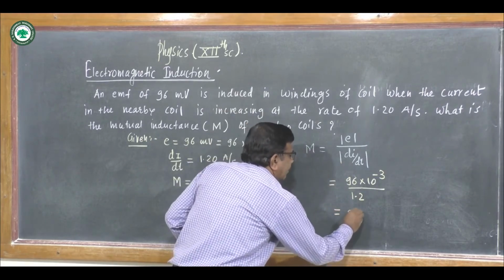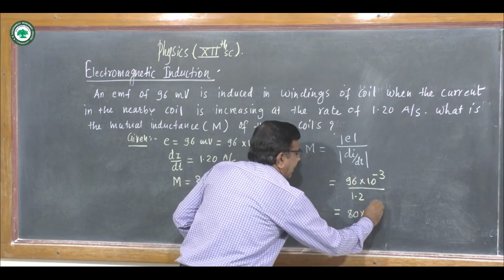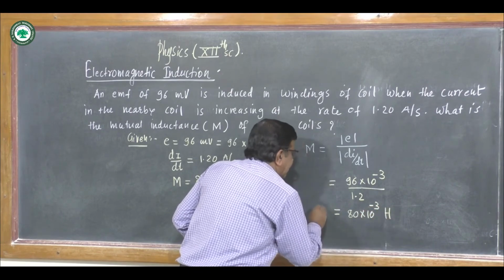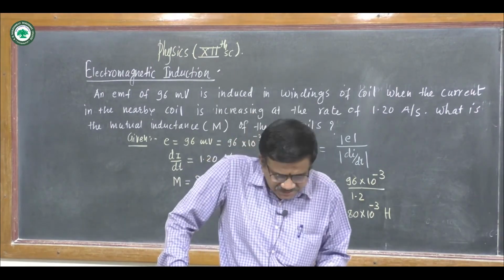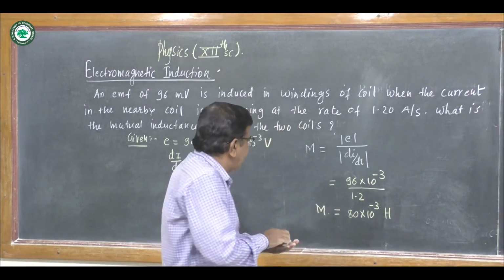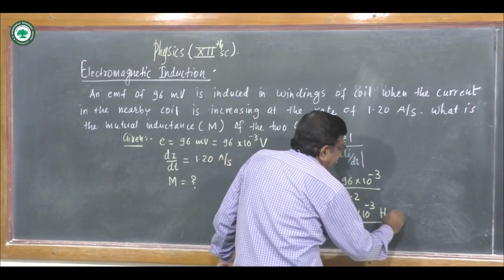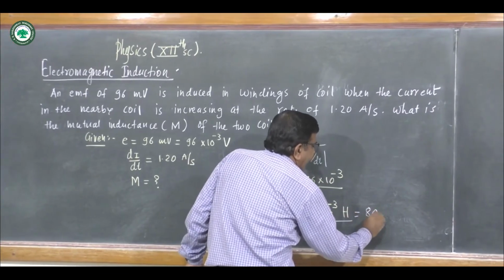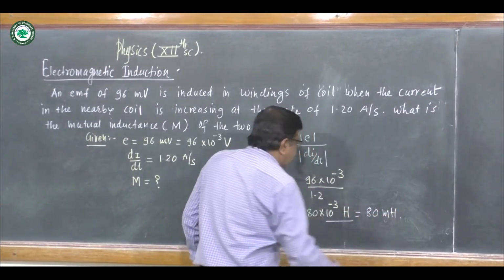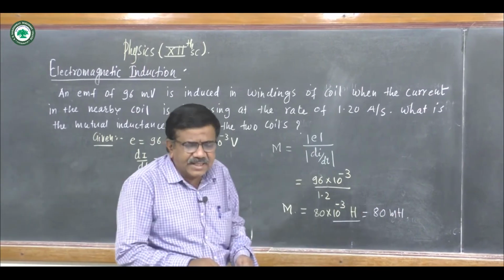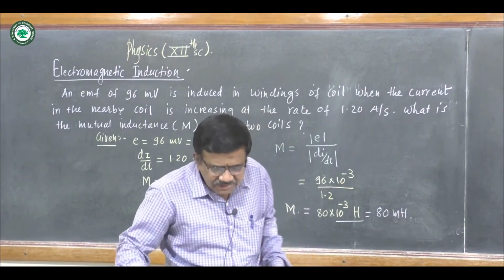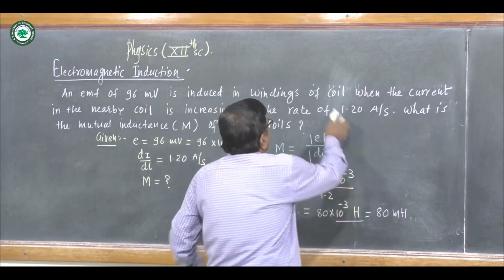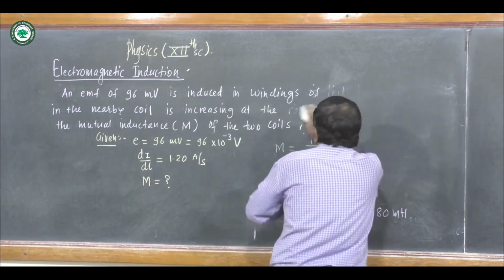So 80 into 10 raised to minus 3, and as it is an inductance, the unit is Henry. 80 into 10 raised to minus 3 Henry, or we call it 80 millihenry, because 10 raised to minus 3 Henry is 1 millihenry. And now we see one more numerical based on this chapter.